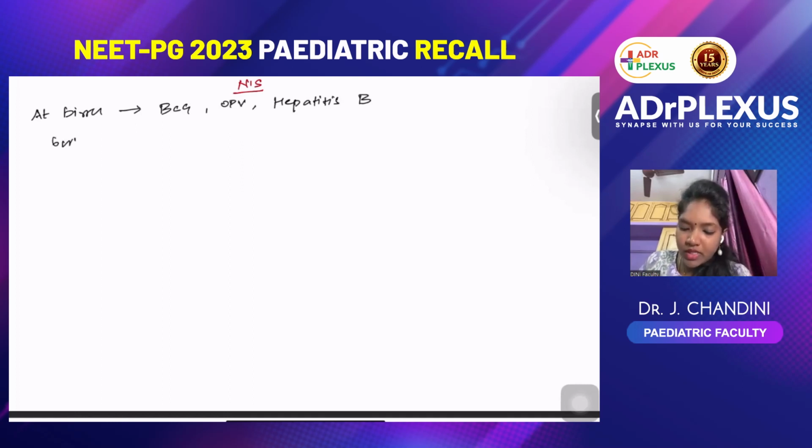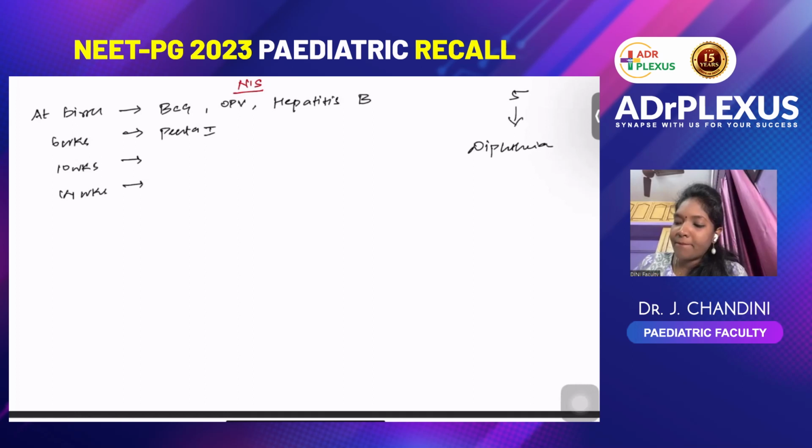Next comes your 6 weeks, 10 weeks, 14 weeks. In 6 weeks, you will give penta dose 1, pentavalent. What is pentavalent? Pentavalent means 5. Pentavalent consists of 5 components: diphtheria, pertussis, tetanus, hepatitis B, H. influenza B. Okay, so these 5 are components of pentavalent.